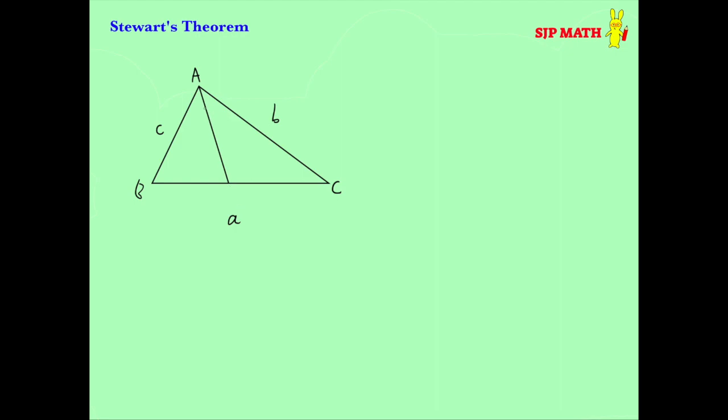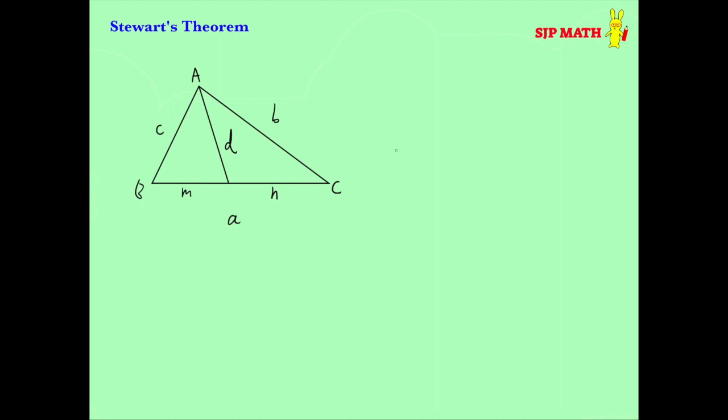A cevian is basically any line going from one vertex to the opposite side. So it's just any line going from A to BC. If we have any cevian from A to BC, let's say it divides BC into the lengths m and n. And let's say the length of the cevian is d.